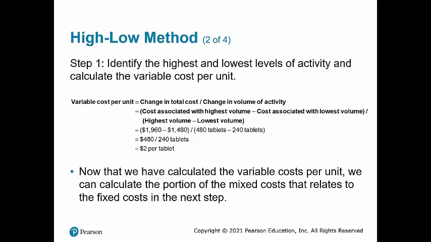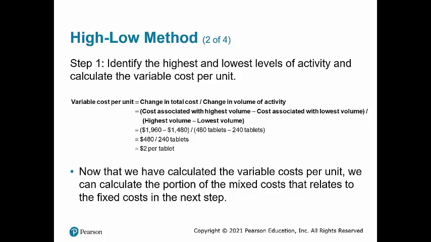In the numerator, we are going to have the change in total cost. In the denominator, we're going to have the change in volume of activity. To determine the numerator, we take the cost associated with the highest volume and subtract the cost associated with the lowest volume. In the denominator, we take the highest volume and subtract the lowest volume. The highest cost was $1,960 and the cost associated with the lowest volume was $1,480.